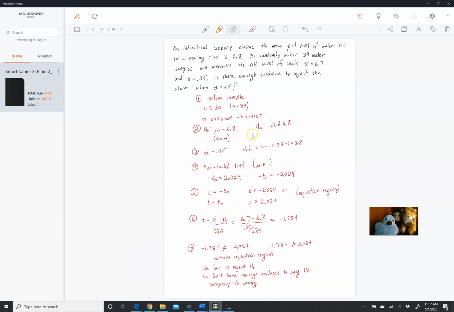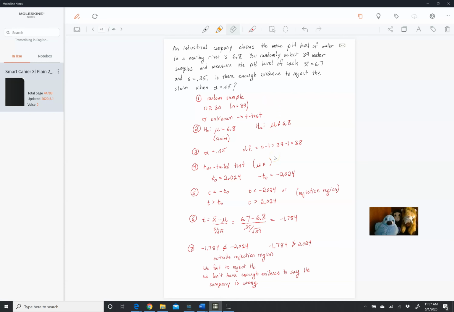Okay, so just in sum, what we do here is we figure out what the rejection region or the critical region is based upon the level of significance and the sample size. Okay, that's going to tell us what the rejection region is. The reason why we need the sample size is because it's degrees of freedom.